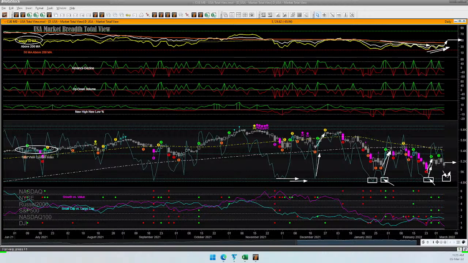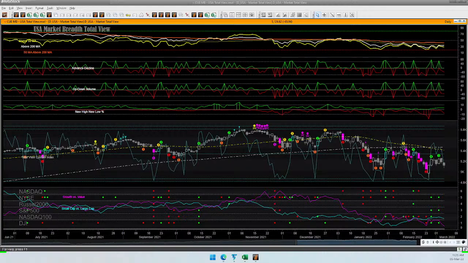It's not a lagging indicator. There are very few leading indicators possible in technical analysis, and this is one of them. This is also telling me to get ready to buy.